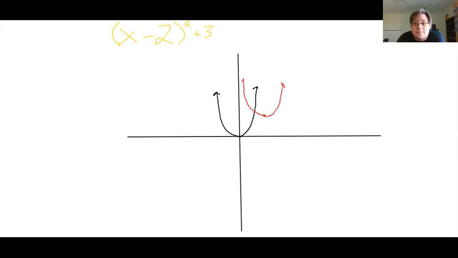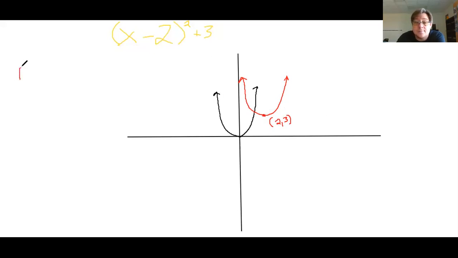That is awful. Okay. Even by my standards, that was awful. All right, so it's been moved right 2 and up 3. So we have a parabola up there. So now let's try to figure out, we know that little vertex right there is 2, 3, what our domain and range would be. As a parabola, it goes on forever left and right.